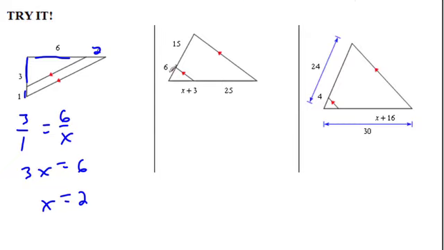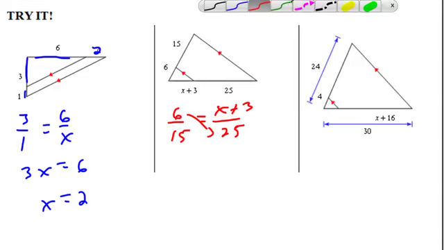Same thing here. I can say 6 is to 15 as X plus 3 is to 25. So 6 is to 15 as X plus 3 is to 25. Awesome. Can we solve this? Sure. We're going to cross multiply, so 6 times 25 gives me 150.